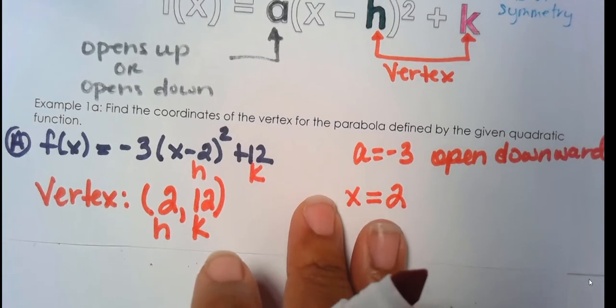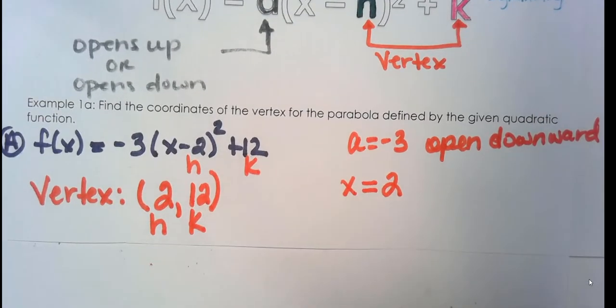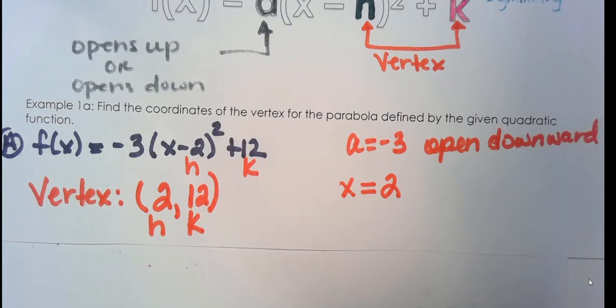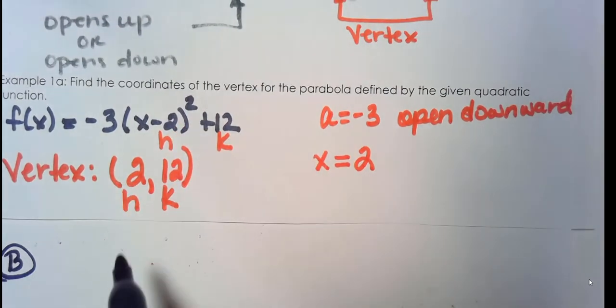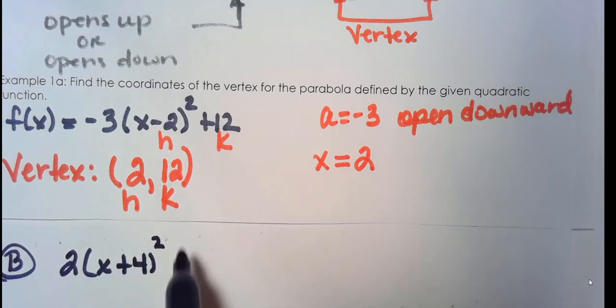Okay, let's do another one. Same example here, b, we have 2 times the quantity of x plus 4 squared minus 8.